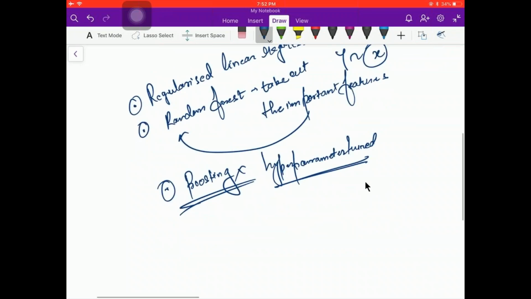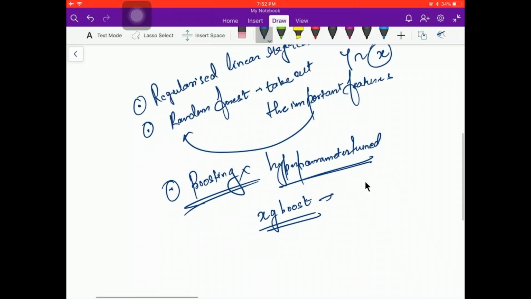So there's an algorithm called XGBoost. Read about this, and if you don't understand, come back to me with the doubts on XGBoost. It's a very interesting algorithm. It wins many Kaggle competitions.